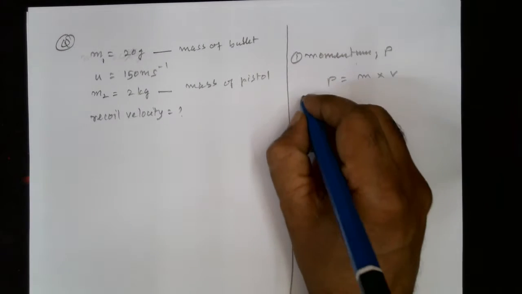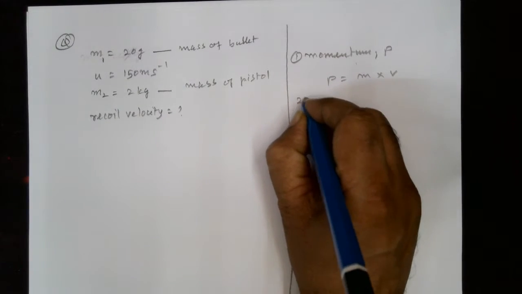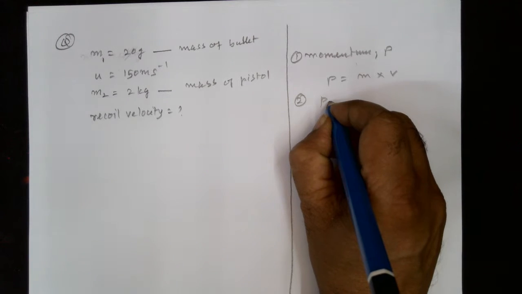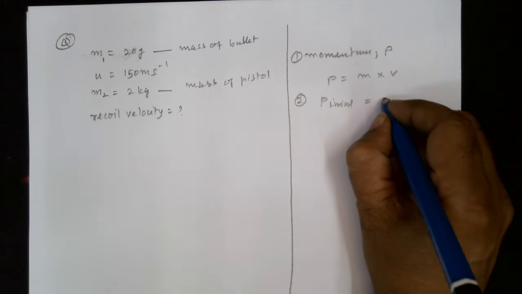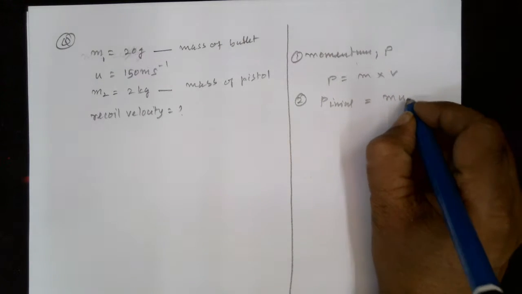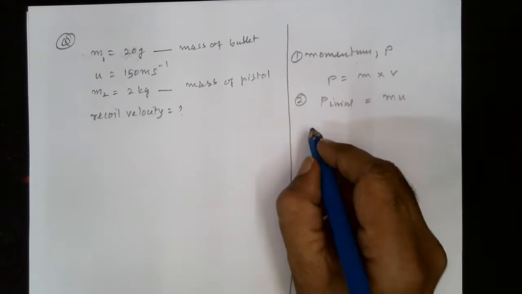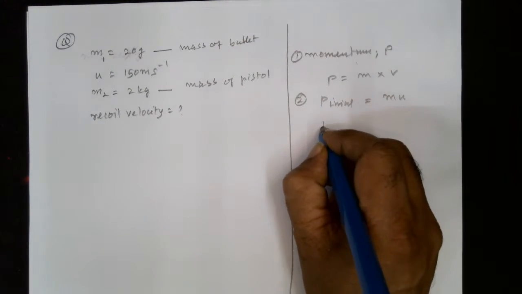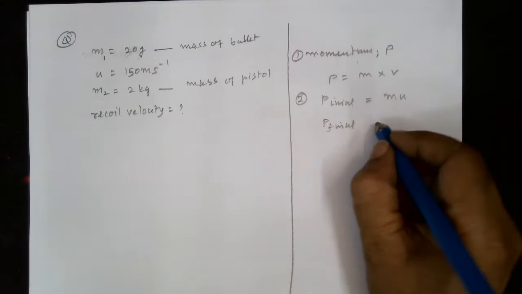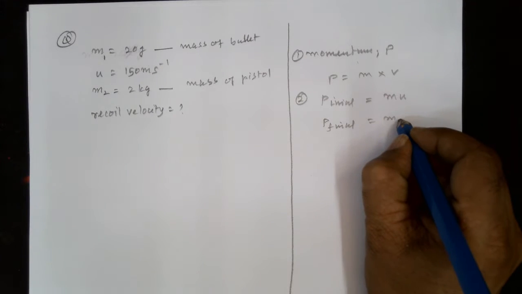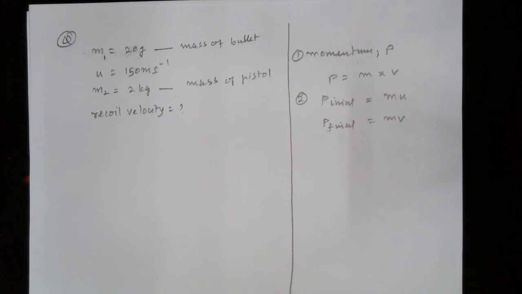The initial momentum is mu, initial velocity, into mass. And final momentum is m into v, final velocity.